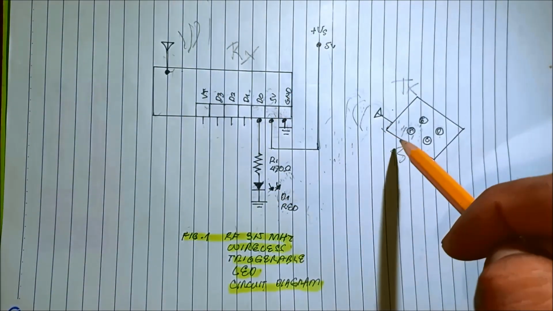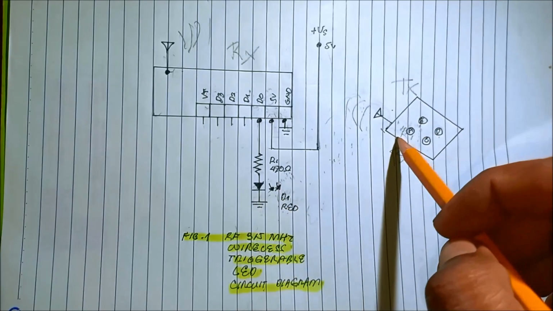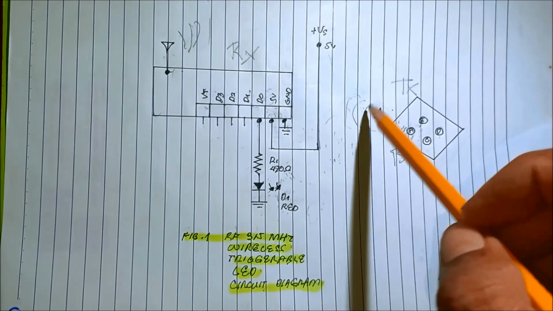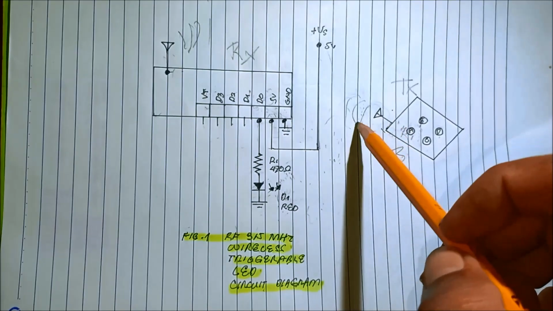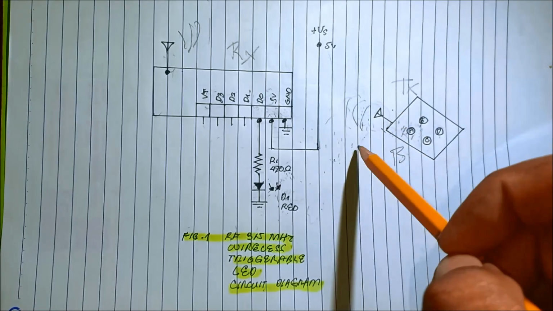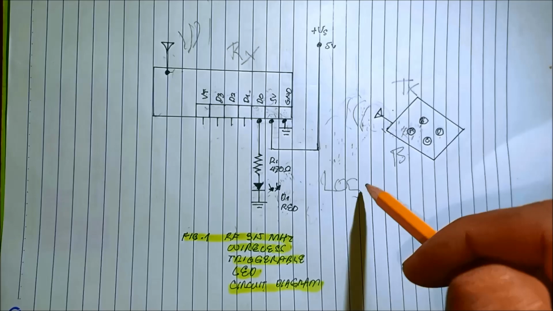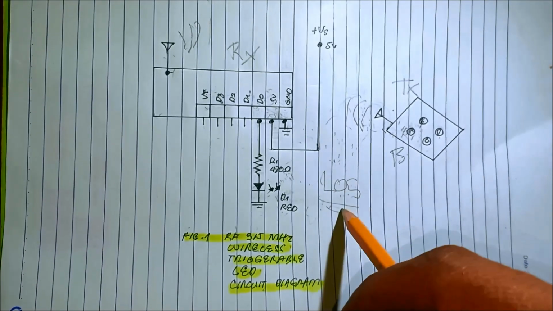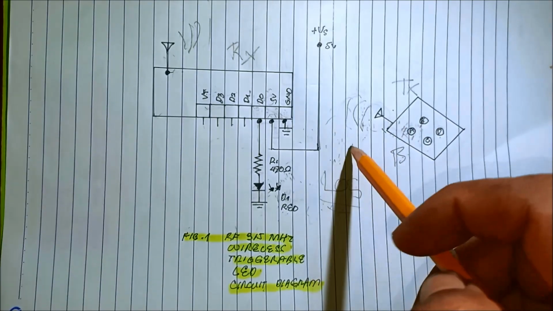So this is a radio frequency signal, this is not a line of sight, because the characteristic of a radio signal is it reflects to any surfaces. Unlike the remote control of the TV, that is a line of sight, or the infrared remote control.